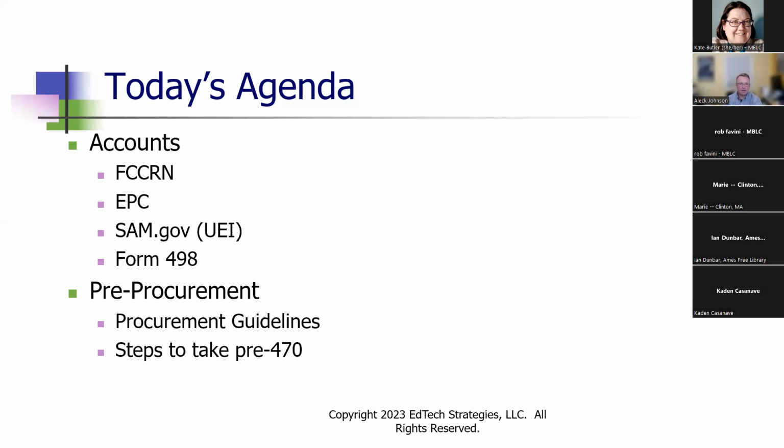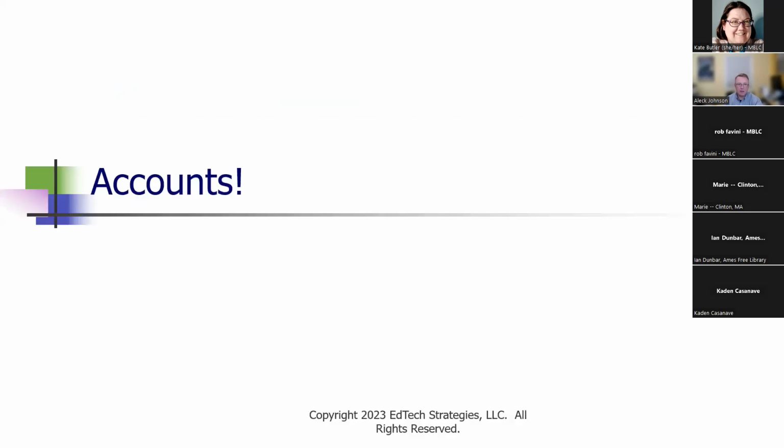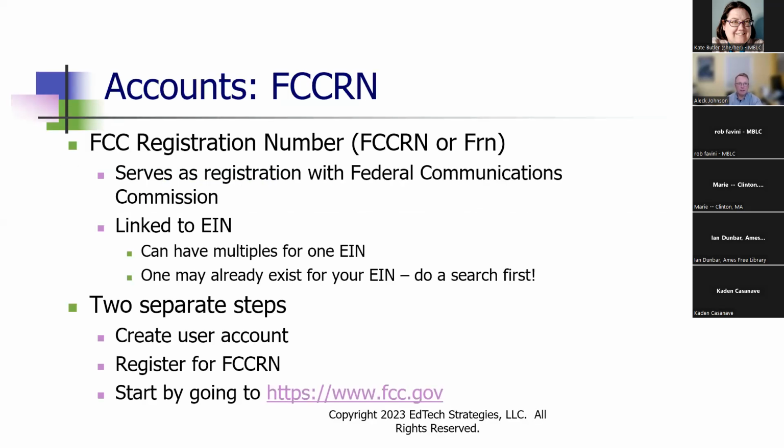So first, we're going to talk about different accounts. The first account is the FCC registration number, or FCCRN. It's an account you set up with the Federal Communications Commission. You only need to set it up once, so most libraries, if they did set it up, would have done so almost 20 years ago when the FCC started requiring this.